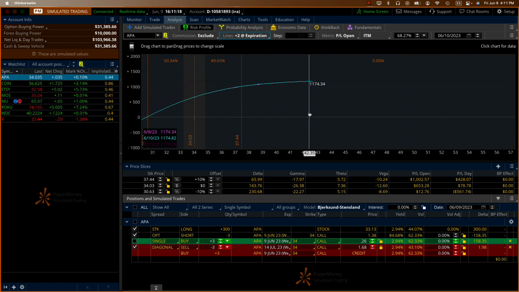That is the combination of the first trade and the second, the rollover trade. Okay, so in 2 months, I have hopefully made $1,173.